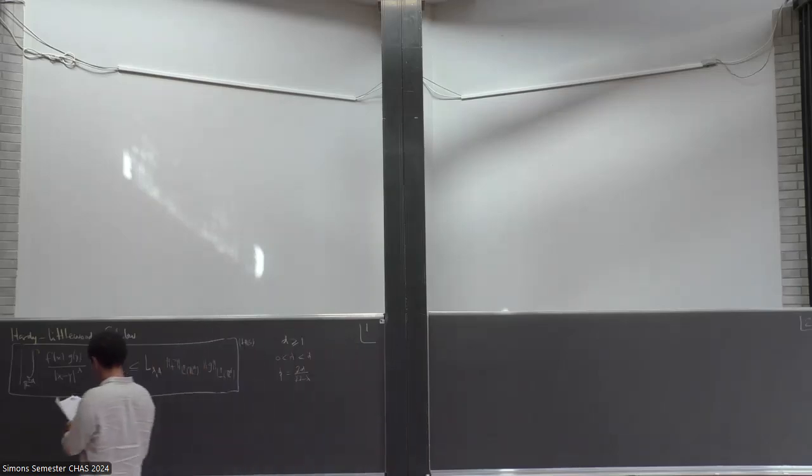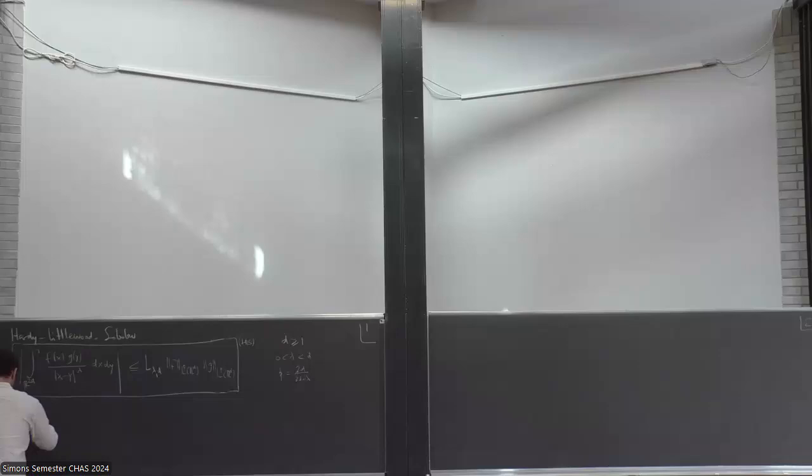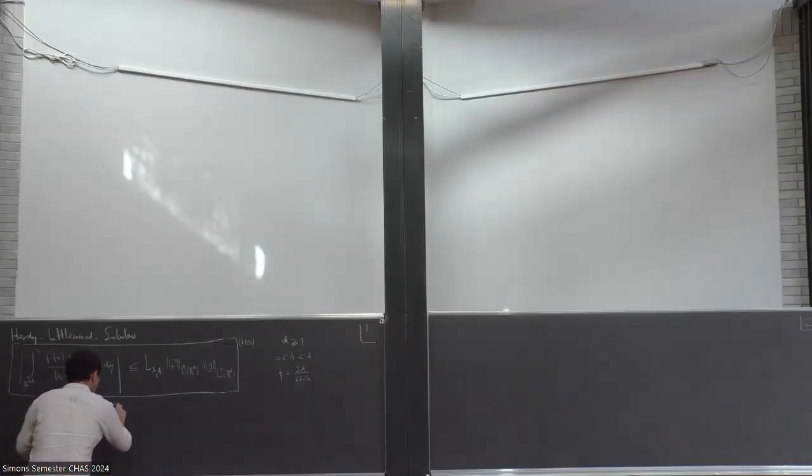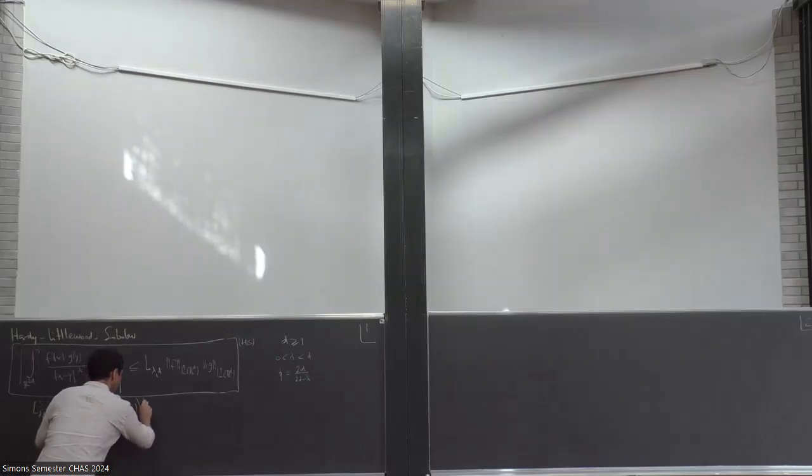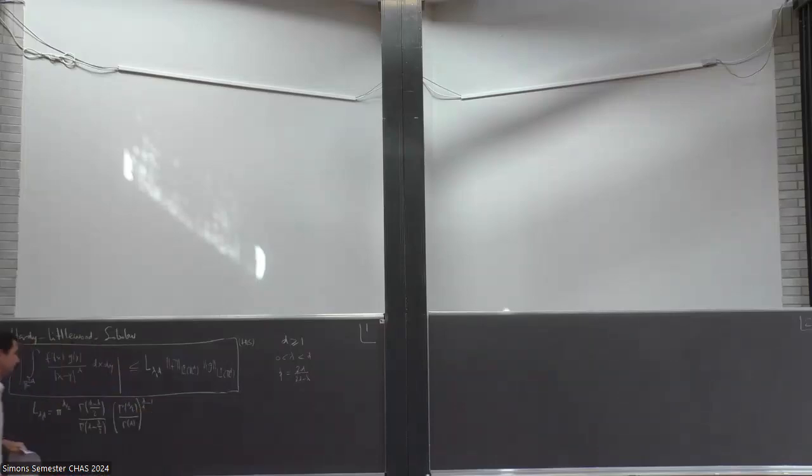So the sharp constant is actually given by a beautiful expression. Let me write it for you. It's lambda over 2, gamma function, and so on, everything raised to the power lambda over d minus lambda.